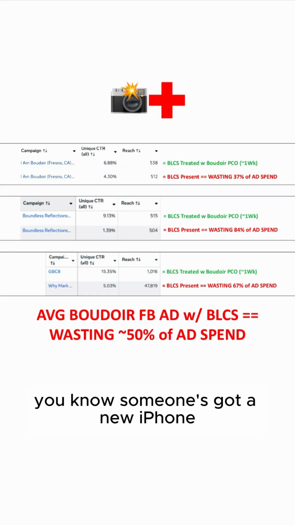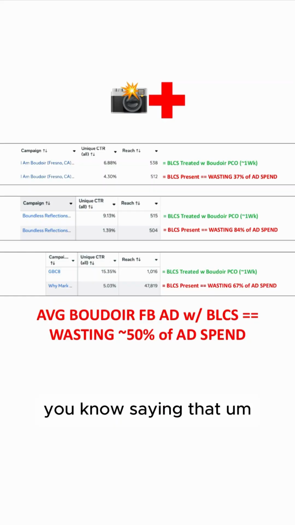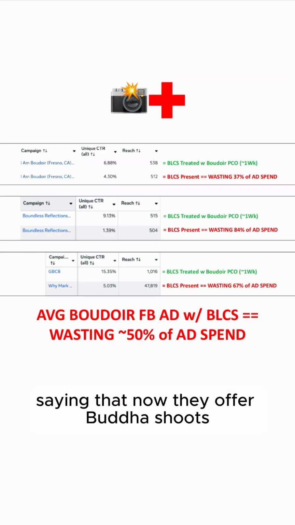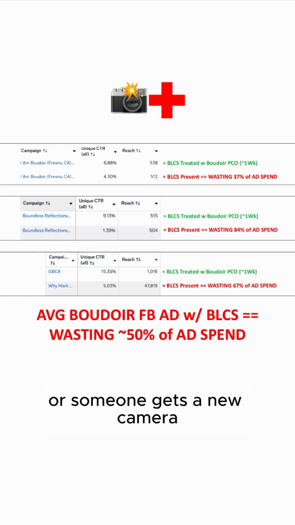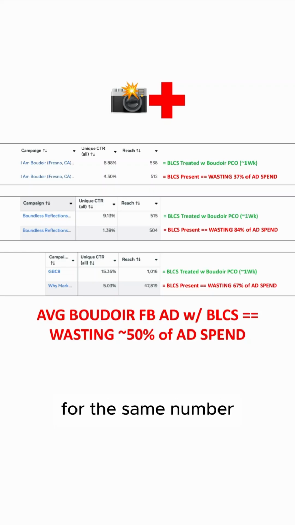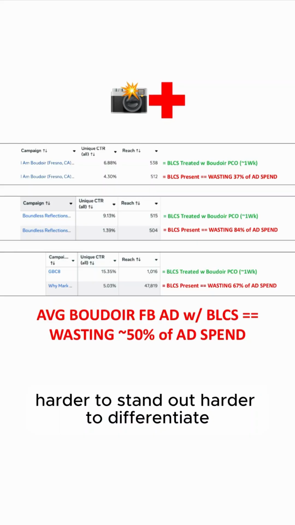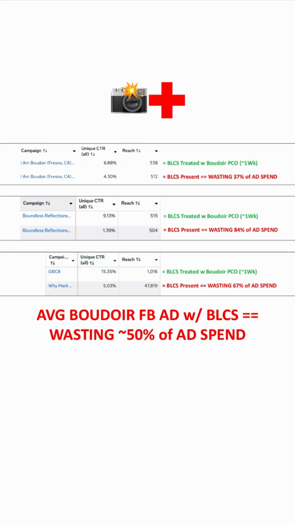Someone's got a new iPhone, they're throwing up a Google My Business profile saying that now they offer boudoir shoots, or someone gets a new camera, now they're posting in the mom groups that they offer boudoir photo shoots. So it's just more and more boudoir photographers over time competing over the same number of buyers, harder to stand out, harder to differentiate.